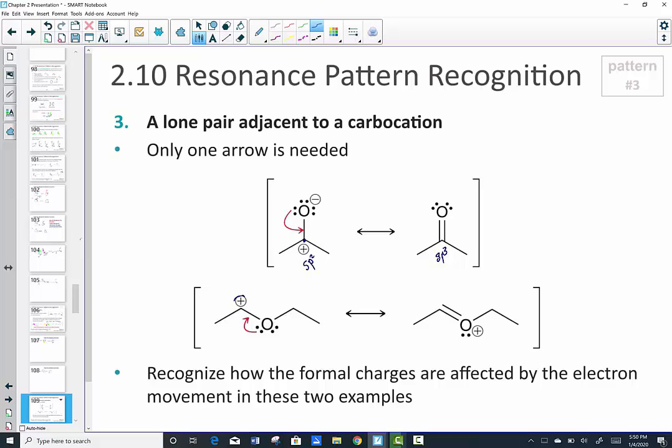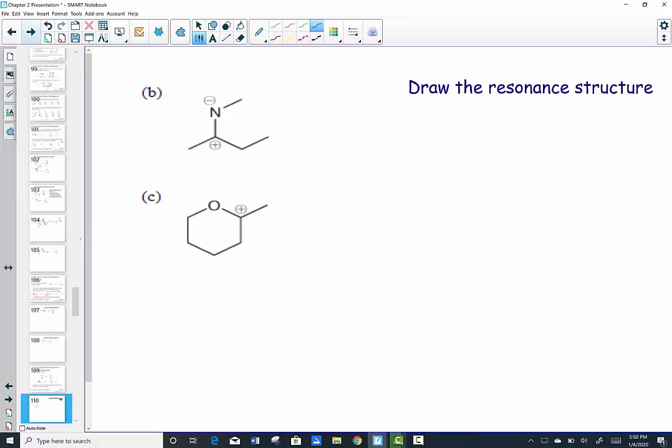It has room to accept another set of electrons, another bond, to become an sp3 carbon. So recognize that the formal charges are affected, obviously, but you can move electrons into a carbon that has an empty orbital, and that's all it's saying. Carbocations have empty orbitals, so you can move a pair of electrons to give that carbon a 4th bond.